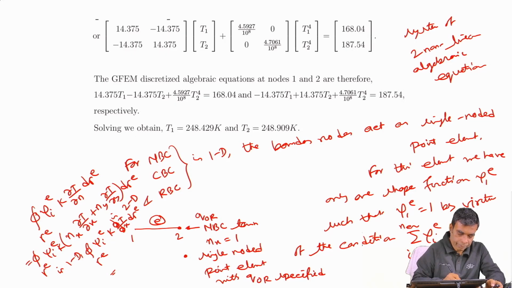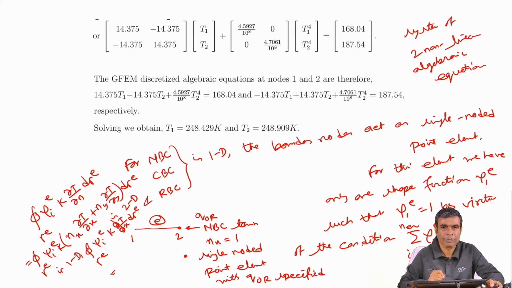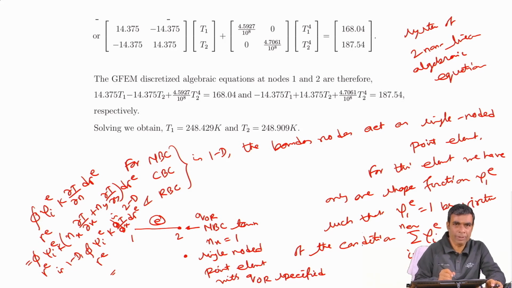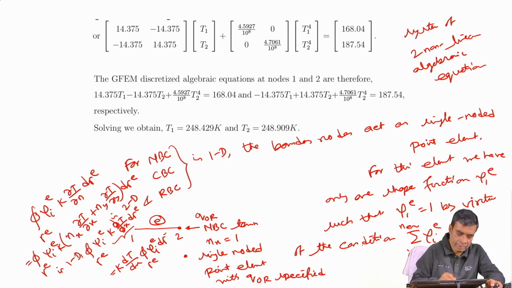Now, it is found that whether we consider the left boundary or the right boundary, depending on the normal to the surface, nx equals minus 1 or nx equals plus 1, the boundary flux term becomes k dT dx. So this quantity k dT dx, as a constant term, comes out. So this is k dT dx times the integration over gamma e of psi I e d gamma e.